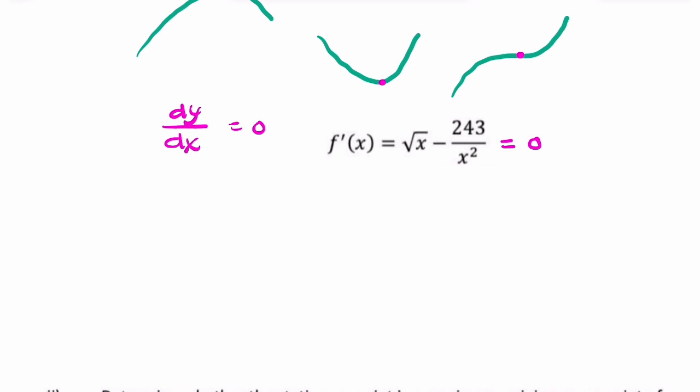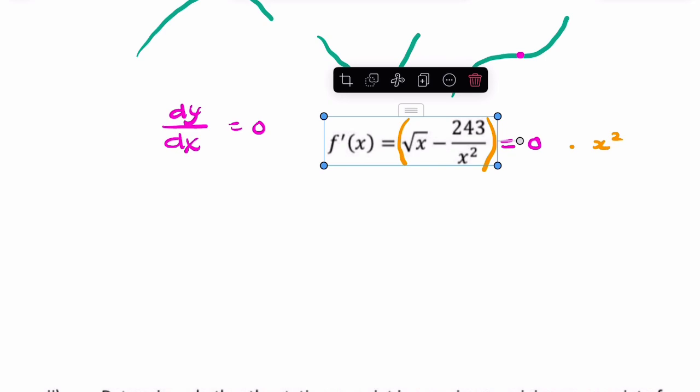So the first challenge you have in solving a question like this is dealing with a variable in the denominator. So the best way to get rid of a variable in the denominator is to multiply both sides of this equation by that denominator.